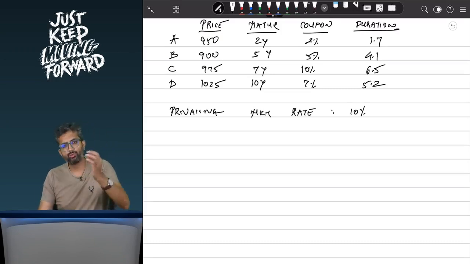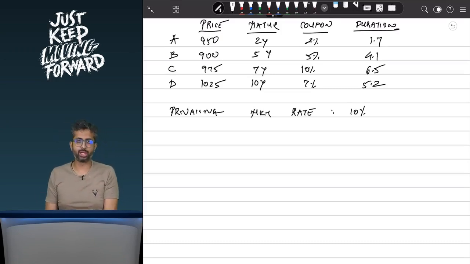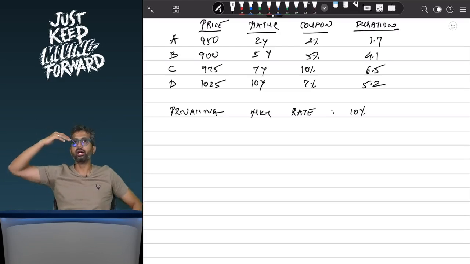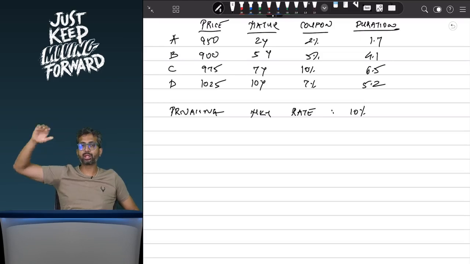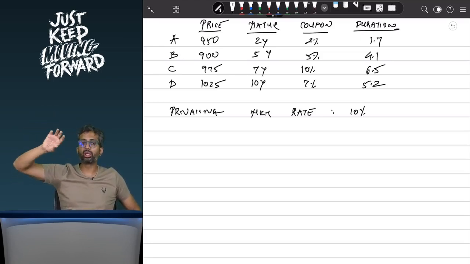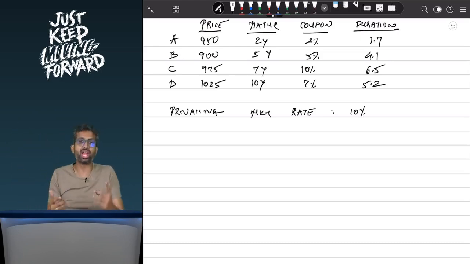And now, when will you make money as a bond manager? You don't make money when the rates actually change. You make money if you are able to predict what RBI will do in the coming policy. I am expecting RBI to reduce the rates. If RBI will reduce the rates, then what do I do? And I do it before all of this actually happens.